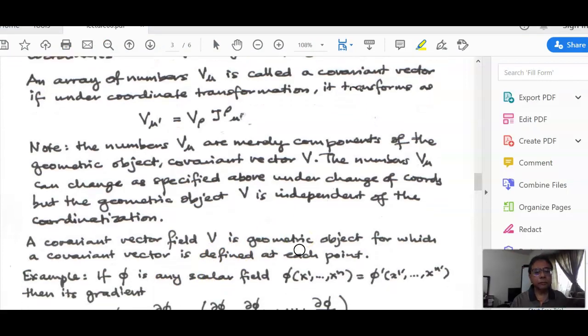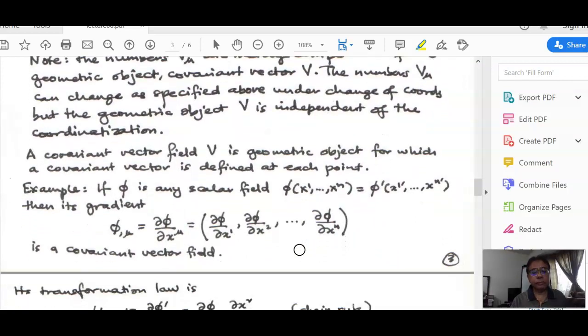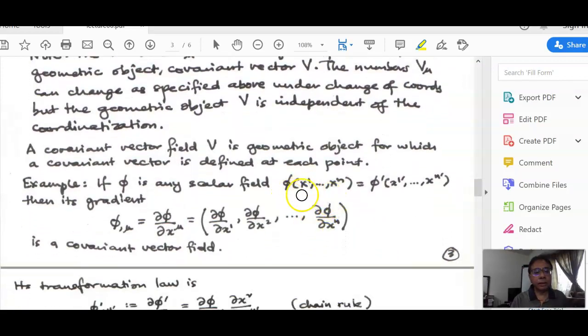So let's take an example. Let's take back our scalar field. Okay, a field is essentially something that depends on the points in the space and hence the coordinates. So if you take the gradient, which is essentially taking the scalar and taking the derivative with respect to the coordinates, that's the gradient.